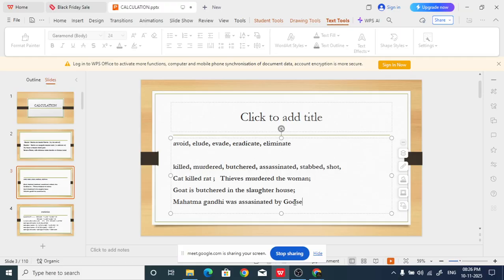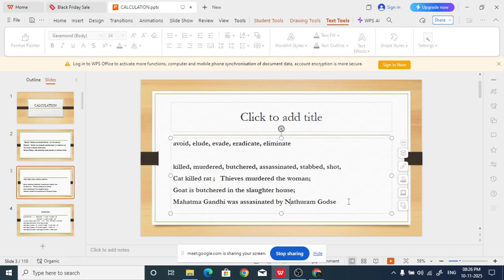His name is Nathuram Godse. Correct. So why is the word assassinated used here? Because Mahatma Gandhi is a VIP. Any VIP, when he is killed by somebody else, we say assassinated. We don't say killed or murdered. If some ordinary man like me is killed, it is called murdered.